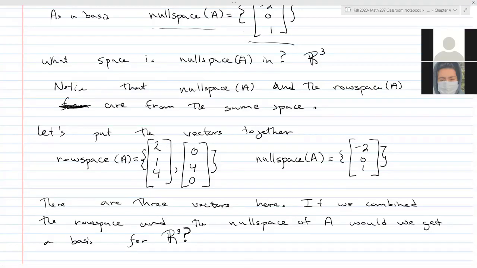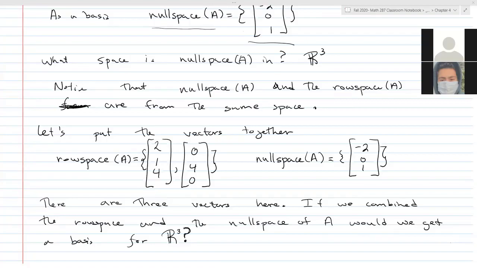So how will I check to see if this is in fact a basis? How would I check if these 3 vectors are going to be a basis? Would you put them all into a matrix and see if that matrix is invertible? Yeah, right.